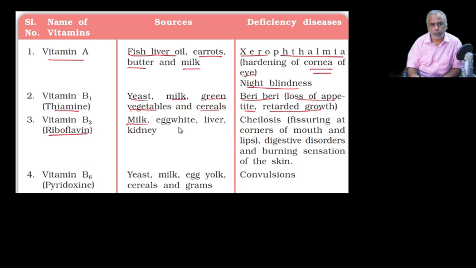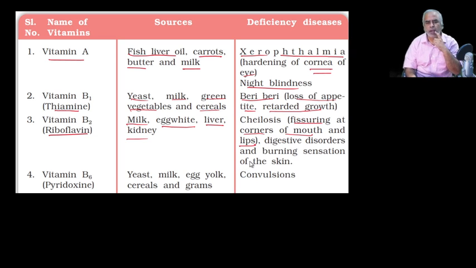Then vitamin B2, also called riboflavin. It is available in milk, egg white, liver, kidney. Here the deficiency disease is keratosis. It means fissuring at the corner of the mouth and lips.